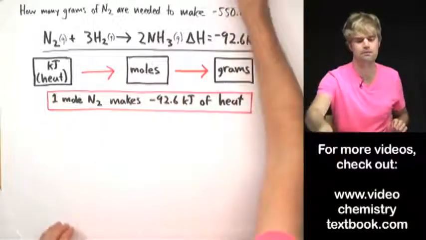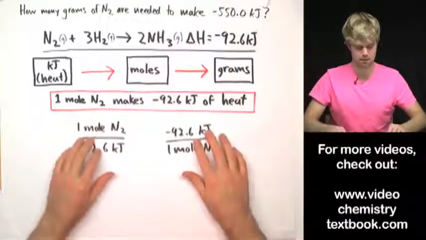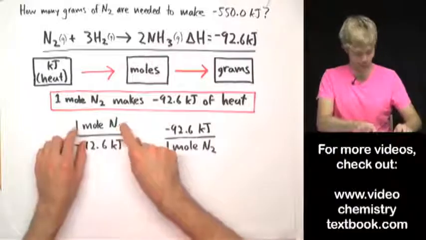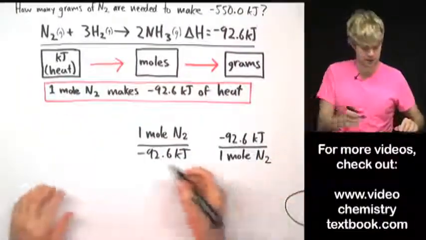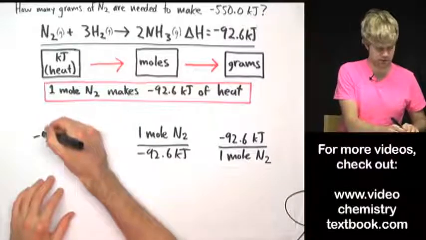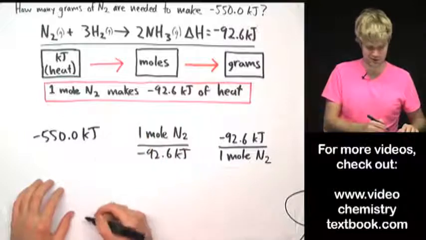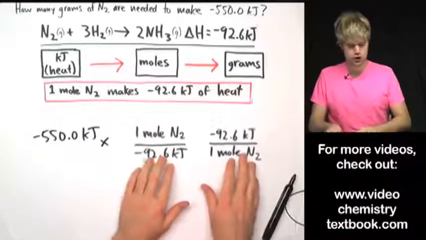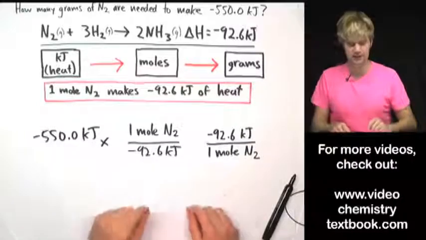Okay? So there are 2 conversion factors that we can write with this information. One with N2 on the top, and one with N2 on the bottom. I'm going to start with negative 550.0 kilojoules and choose the conversion factor that's going to get rid of kilojoules and leave me with moles.